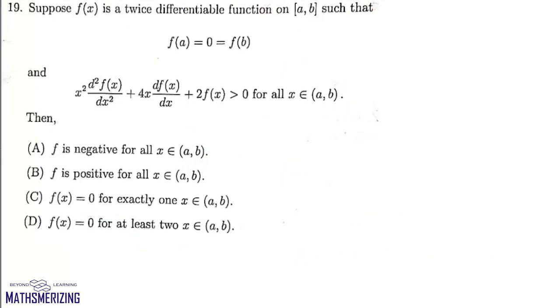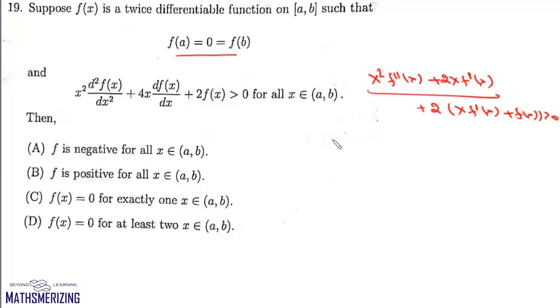Now in question number 19, we are given that f(x) is a twice differentiable function such that f(a) equals 0 equals f(b), and then we are given this condition. Now we can write this as x square f double dash x plus 2x into f dash x plus 2x into f dash x plus f(x) greater than 0.